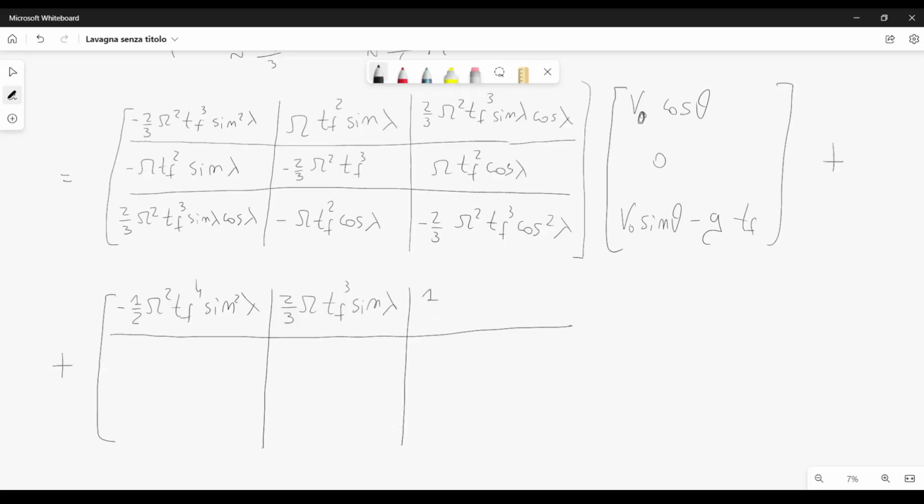And then here you have 1/2 omega squared TF to the fourth sine lambda cosine lambda, minus 2/3 omega TF cubed sine lambda.